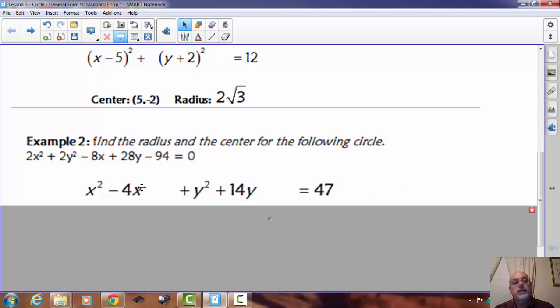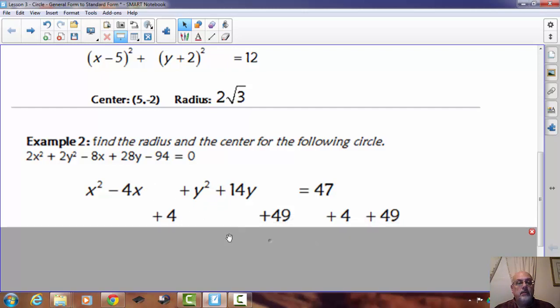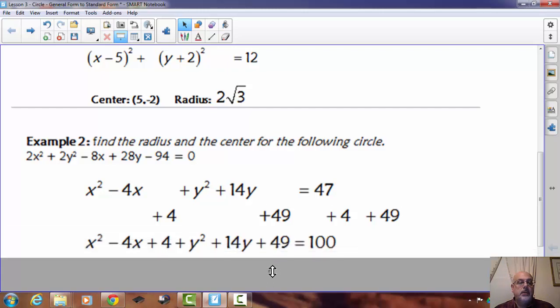Now we go through our completing the square process. So we're adding 4, 49, and then 4 and 49 on the right side. Put it all together. You have x squared minus 4x plus 4 plus y squared plus 14y plus 49 equals 100.